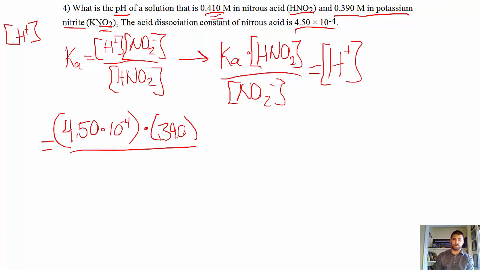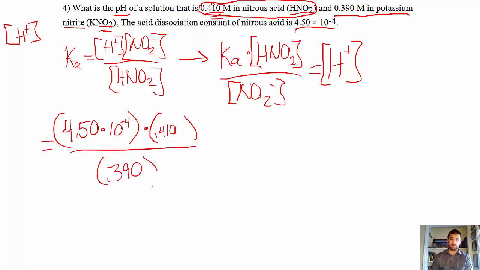Oh, I'm sorry, I wrote the wrong number. Stop yelling at me. You don't gotta yell. Wait. Yeah. I'm sorry, I wrote the wrong thing. The HNO2 concentration is the 0.410. Right? Maybe I should get in the habit of circling that whole thing so I know that's what goes together. And divided by the NO2 minus, which is the 0.390.